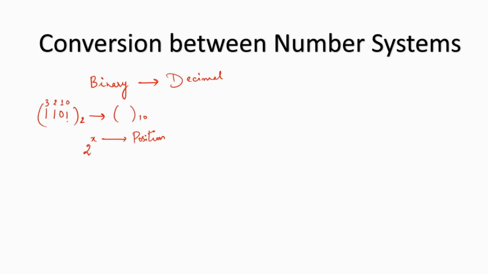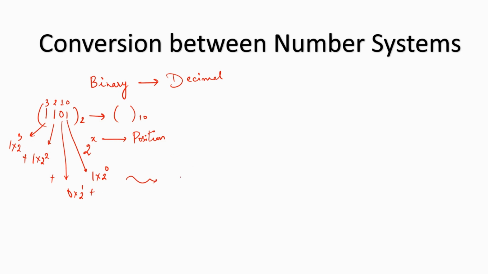So I have 1 into 2 to the power 0, because the position of this particular 1 in this number is 0. This is 0 into 2 to the power 1. This is 1 into 2 to the power 2, and this is 1 into 2 to the power 3. Now I add up all of this to obtain the decimal number.